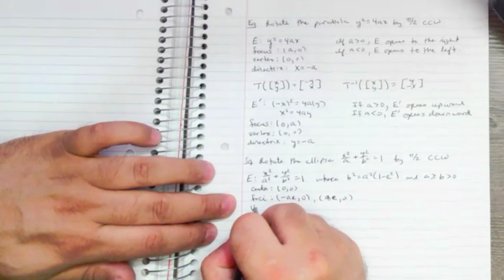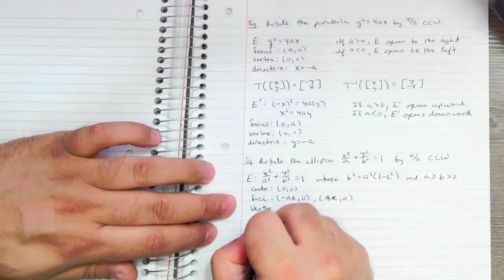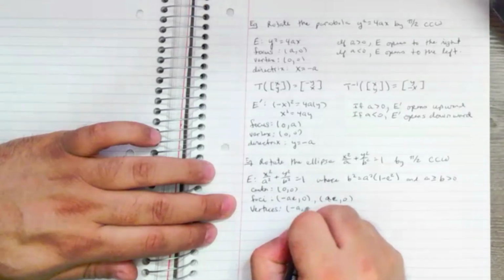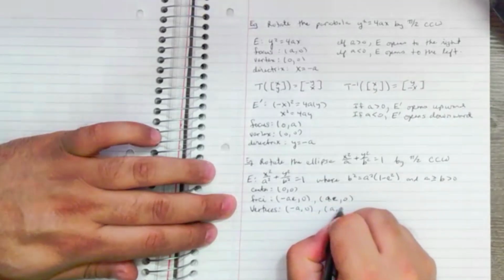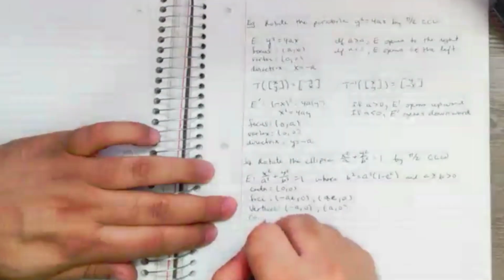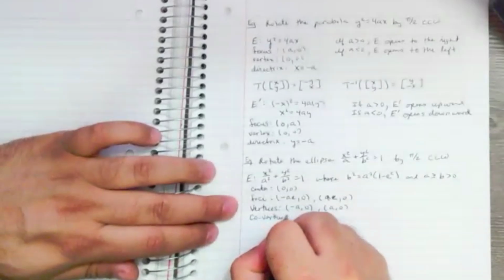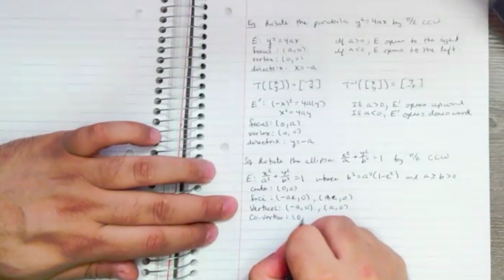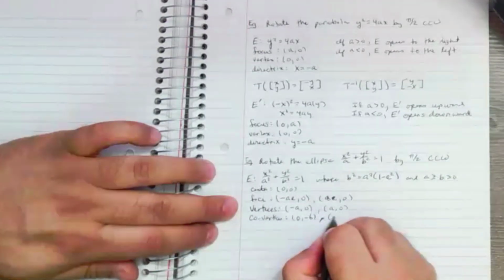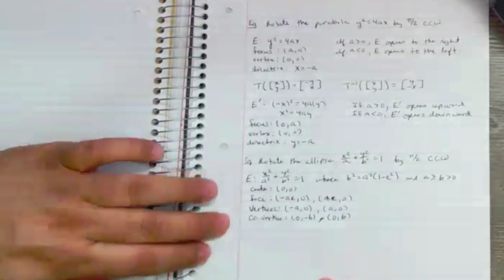This ellipse has two vertices, and those occur at the points (negative a, 0) and (a, 0). The ellipse has two co-vertices, which occur at the points (0, negative b) and (0, b).